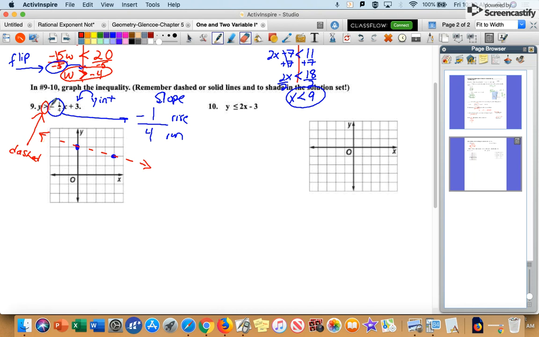Where are the solutions? Well, the solutions were indicated by the type of inequality. This is a greater than, so shade above. Above the line is where all of our solutions will be. Use a different color.